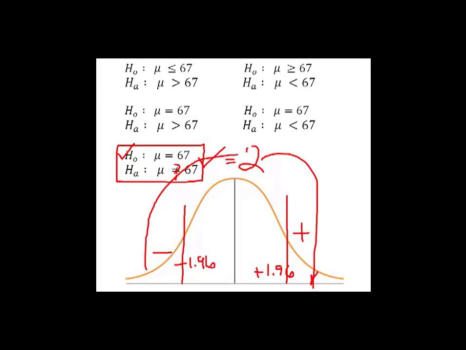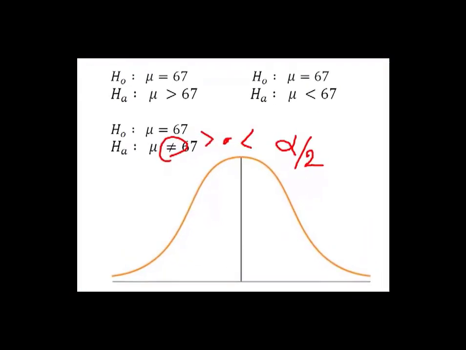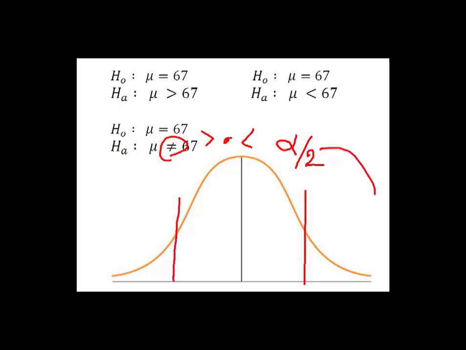1.96, depending upon my level of confidence, which I would know down here would be my negative 1.96. Because remember, in a two-tailed test, what we end up doing is we take our alpha, our level of significance, and we divide it by 2. Because I say, hey, with a not equal to, it could be bigger or smaller. So to cover my bases, I'm going to say I've got an almost equally likely chance that I've got a rejection region here or here.